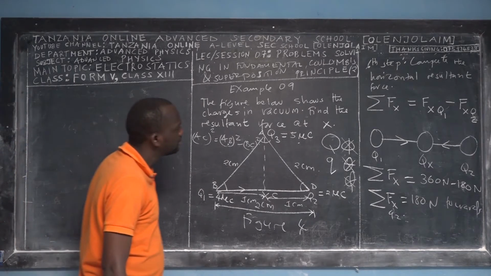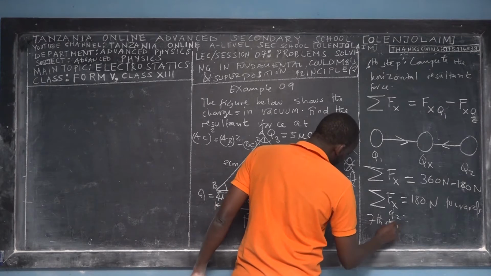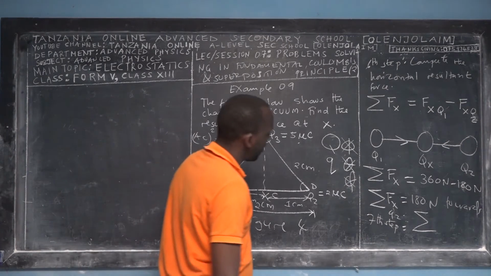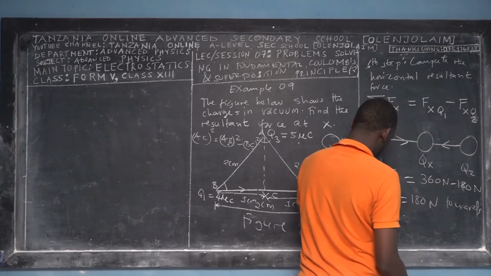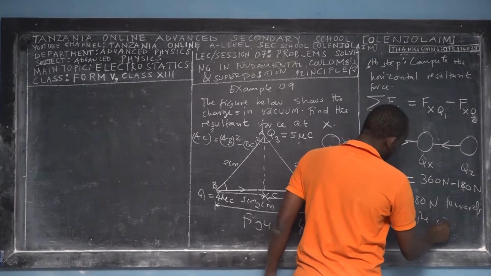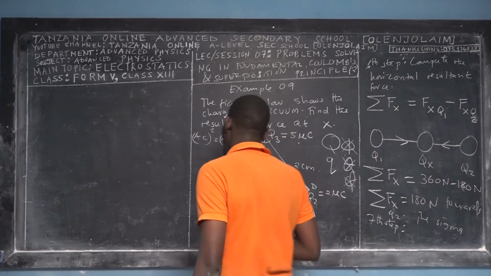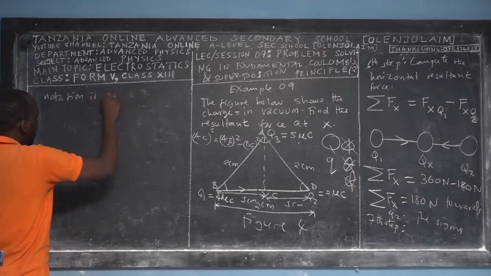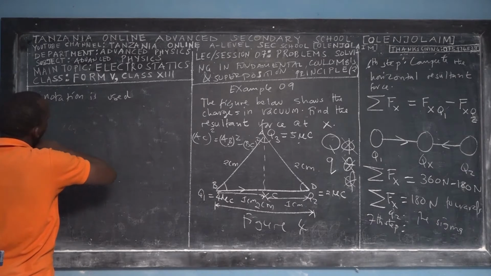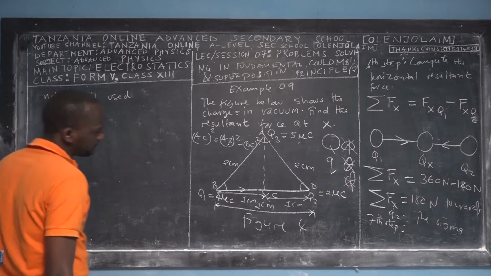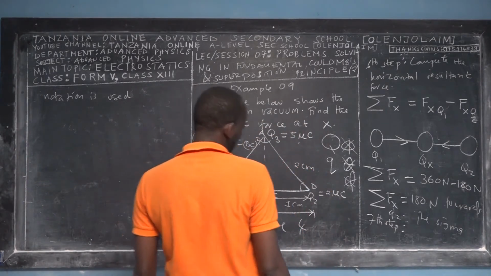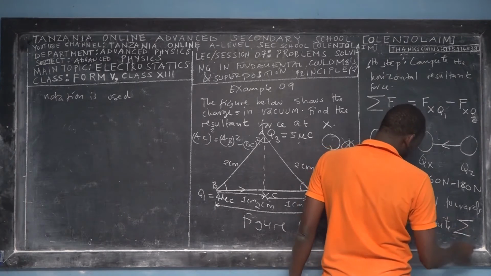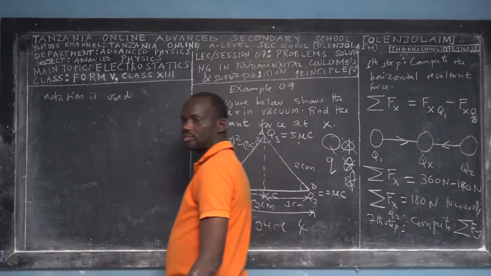So because it's perpendicular, we say that the 7th step, we compute the summation of vertical components, because we want to look for the resultant.